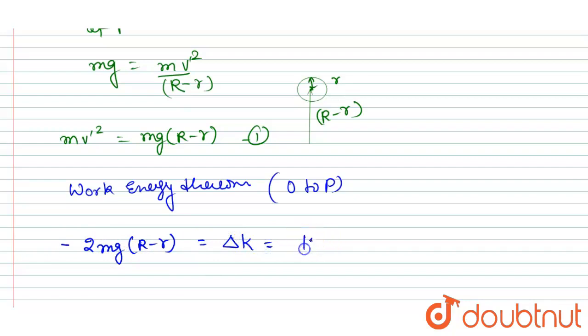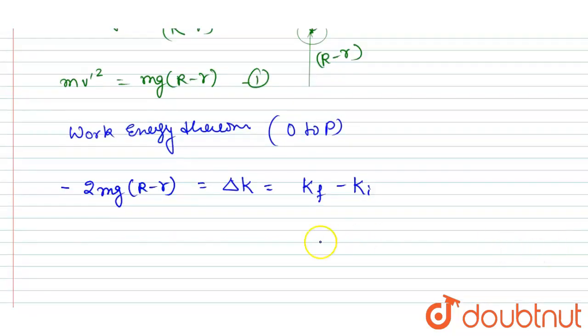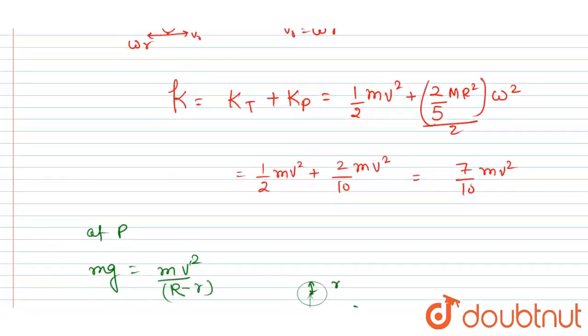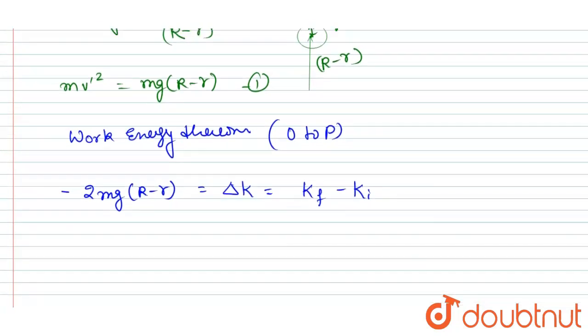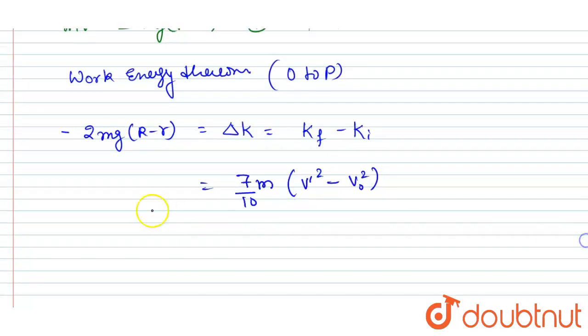Change in kinetic energy is final minus initial. We already calculated the expression for kinetic energy as 7 by 10 mv square. So I will write 7 by 10 m, where v dash is the final velocity and v naught is the initial velocity. Very simple.